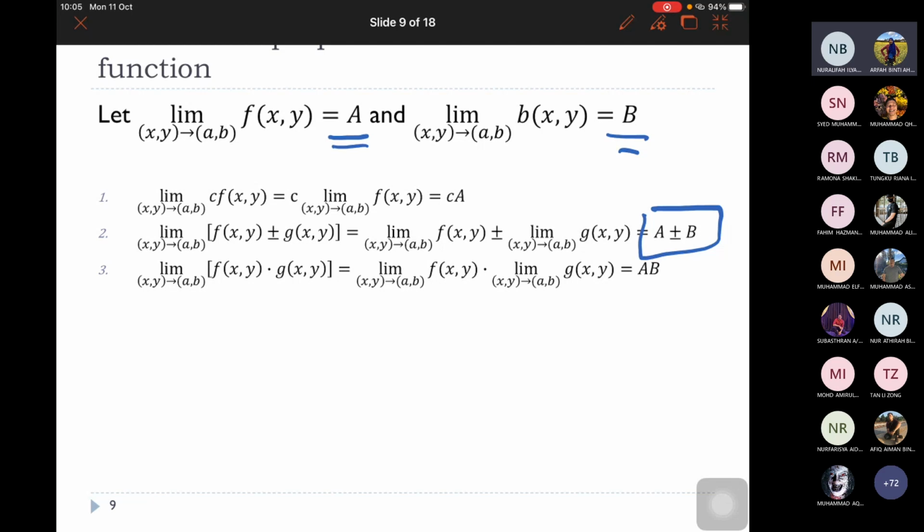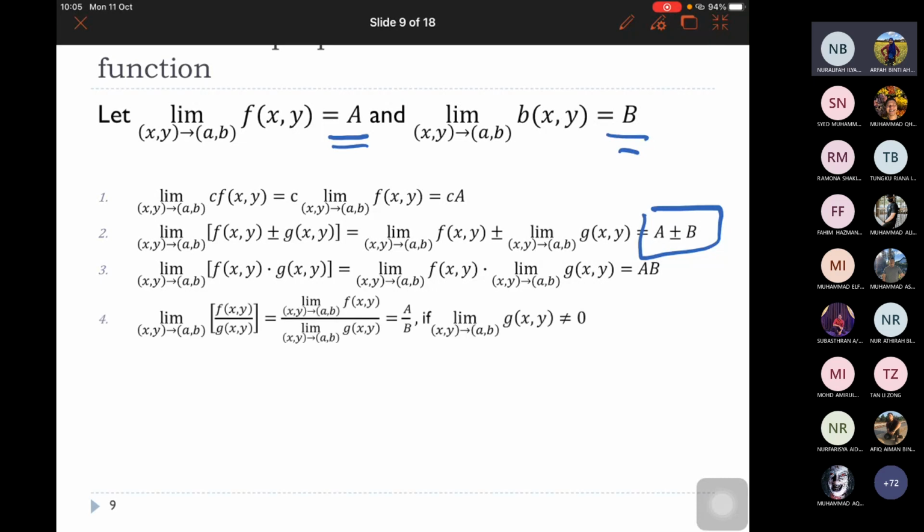The multiplication rule is the same: multiply the limits of the two functions f and g. We can separate them and directly multiply the limits. The limit of f(x,y) equal to A multiplied with the limit of g(x,y) equal to B, so it becomes A times B.